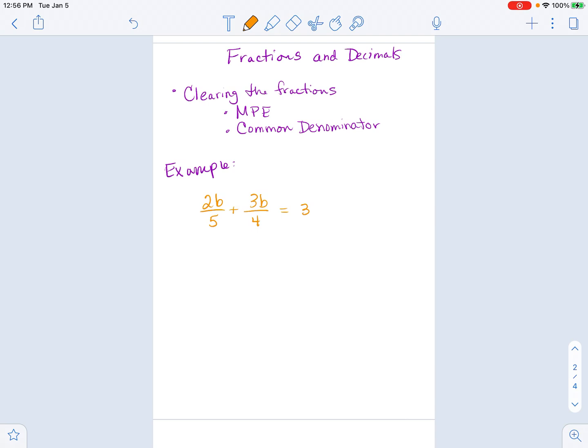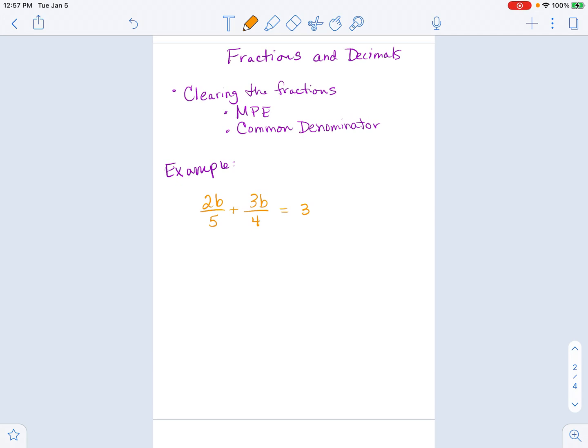Technically, they are like terms and can be combined together. We would have to treat the coefficients as fractions, like 2/5 and 3/4, use our rules for adding fractions, find a common denominator, and rewrite them. Rather than doing all of that, let's just use our multiplication property of equality and a common denominator to help us solve the problem. That way, it doesn't matter what fractions you're talking about. It could be super complicated fractions. We can use this technique and simplify things a lot.